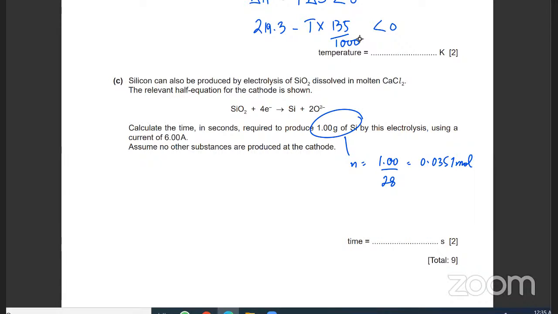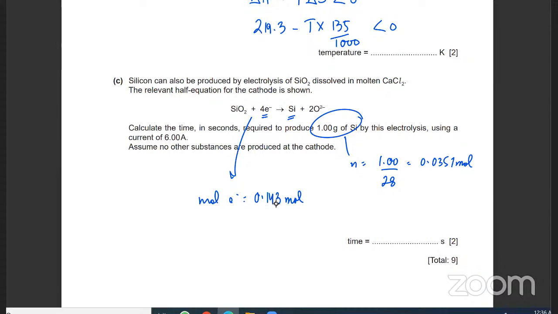Using those, we can figure out the moles of electrons. The moles of electrons are going to be 1:4. It's going to be 4 times more. So the moles of electrons would be 0.143 moles, multiplied by 4. You multiply this by 4, you get the moles of electrons.